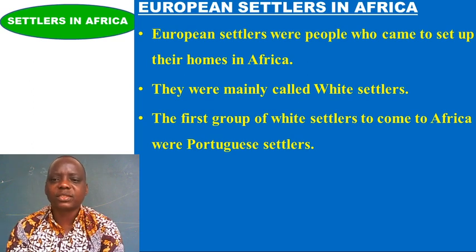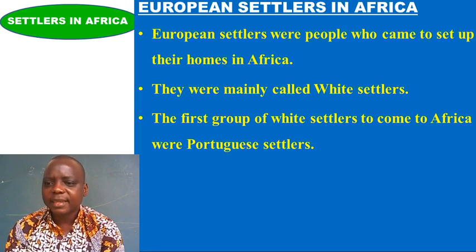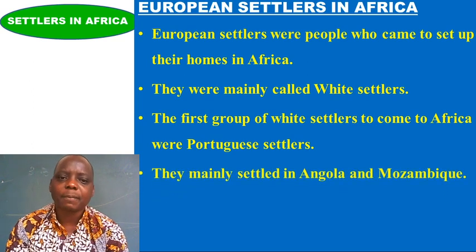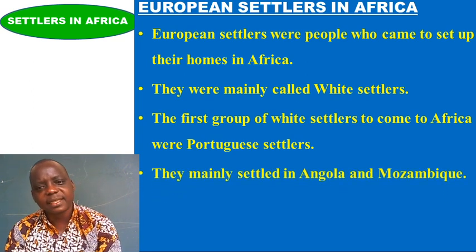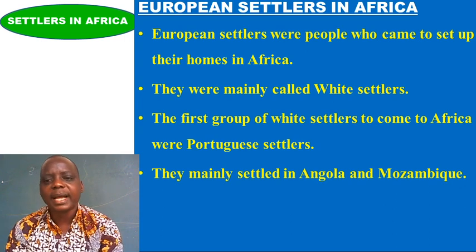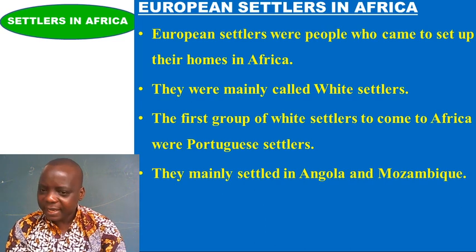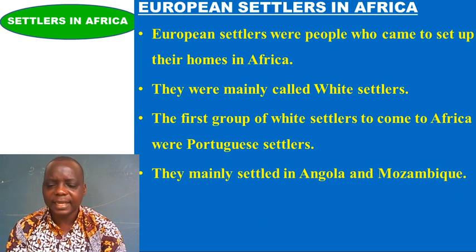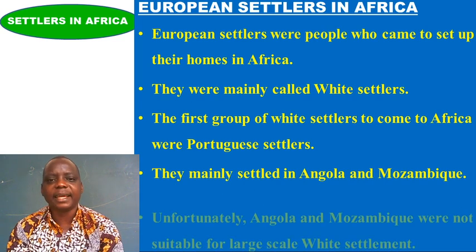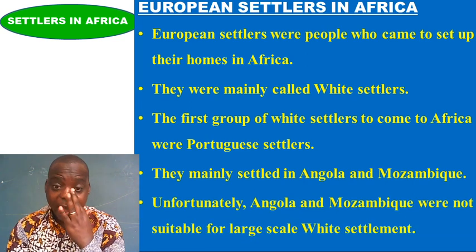They were the very first group of European settlers that came to Africa. They mainly settled in Angola and Mozambique. That is where the Portuguese established their base in Africa, Angola and Mozambique.